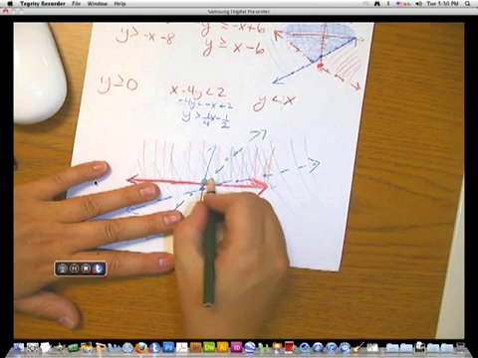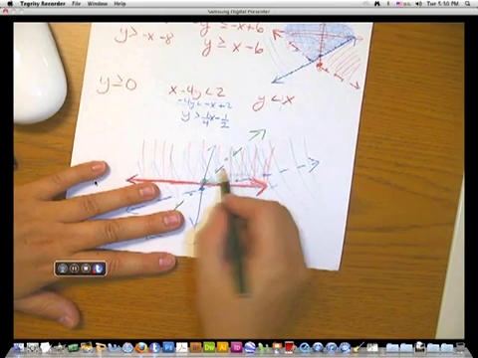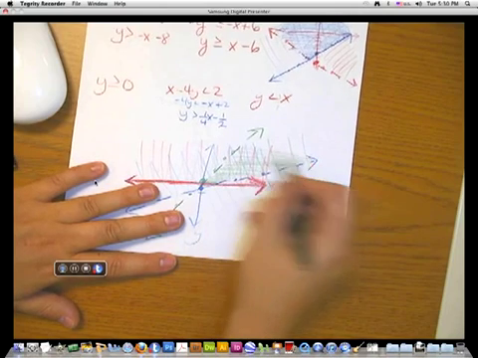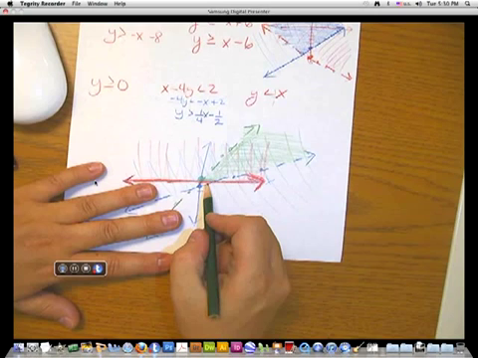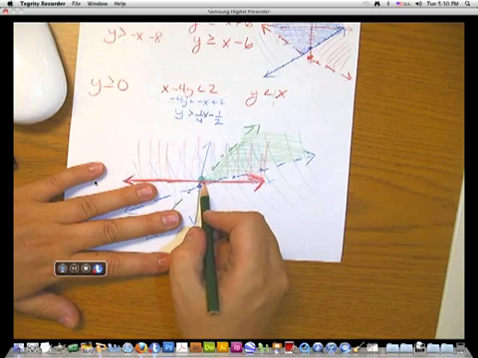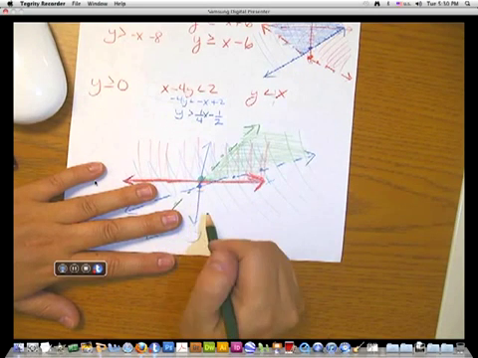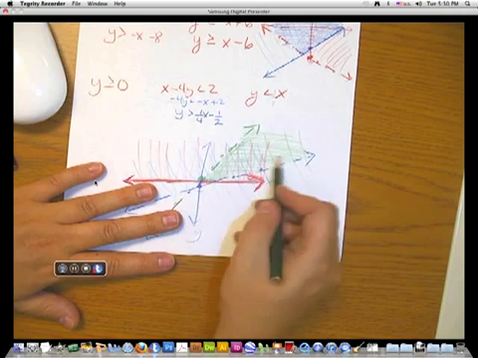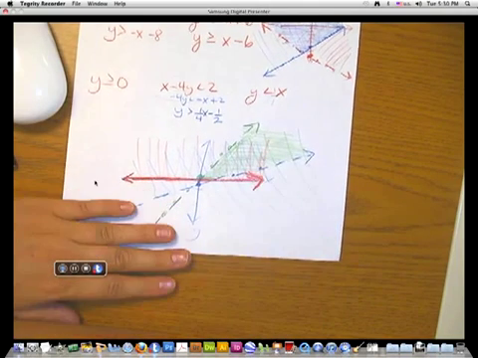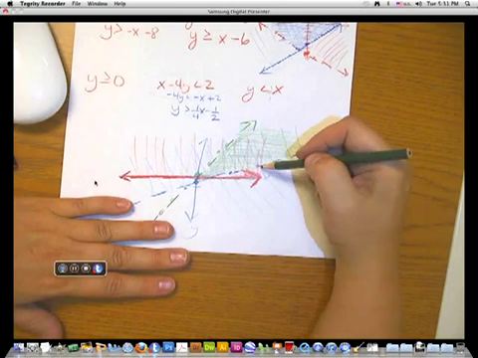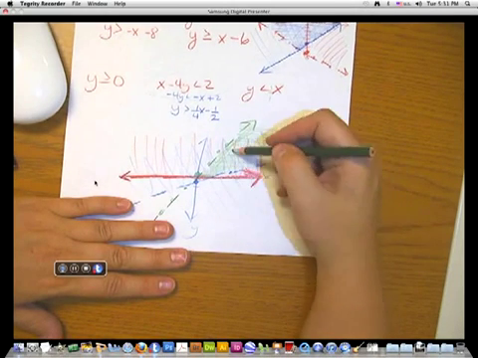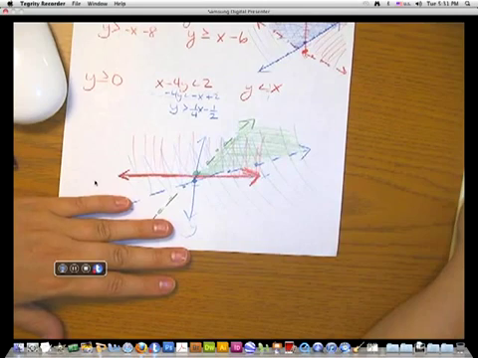So I probably want to make sure that that's really darkened in to make sure I'm very clear that I am not below this x-axis where this red and blue is. I am not below that. So I darken it in where all three of them met. Below the green, above the blue, and above the red.